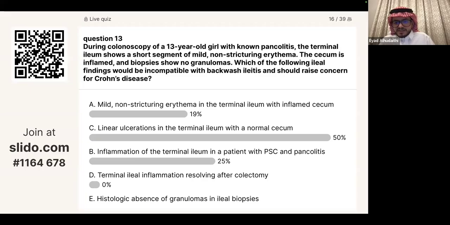In backwash ileitis, the cecum should be worse than the TI. So those who chose C, I'm sorry, it should be B, but here it's C. Linear ulceration in the TI with a normal cecum. This is Crohn's, not backwash ileitis.